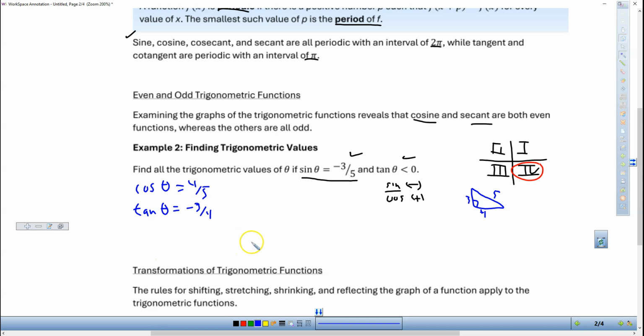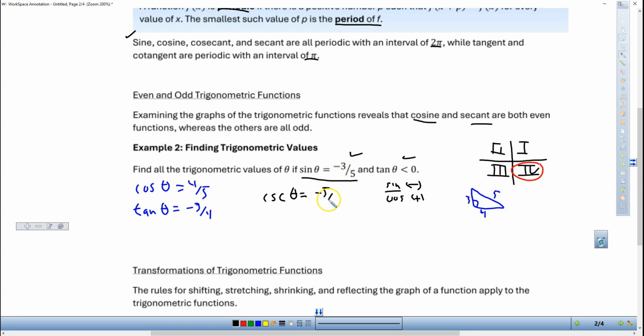Now to find our inverse functions, it's pretty easy to do those because remember with the inverse functions, you're simply interchanging those values. So if I want to do the cosecant of theta, I'm simply going to look at what my sine value is here and flip it over.